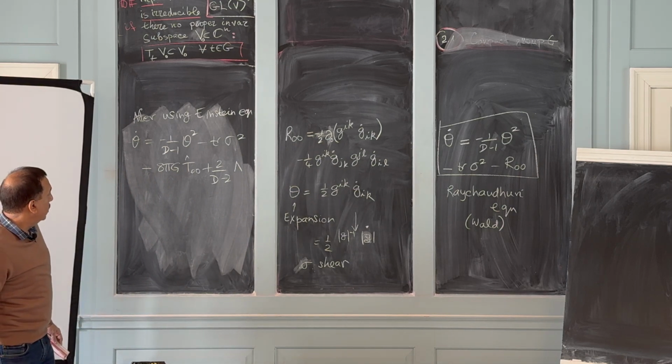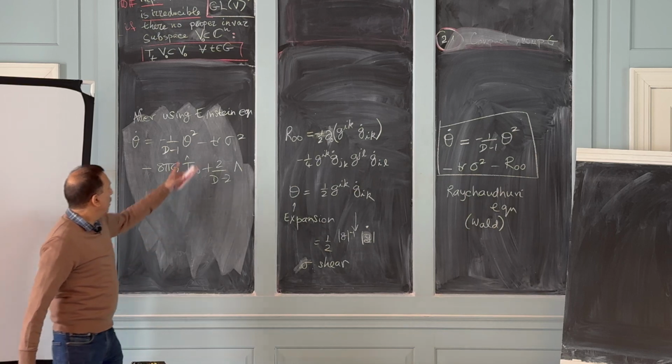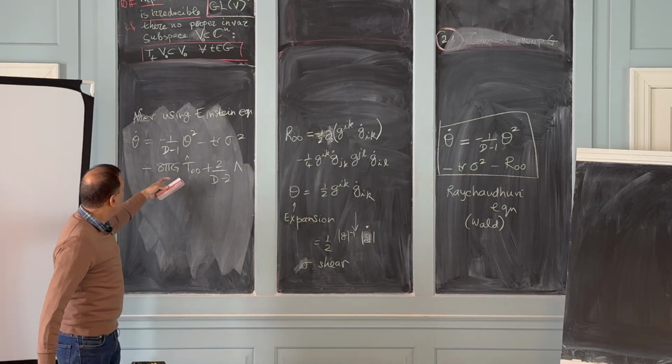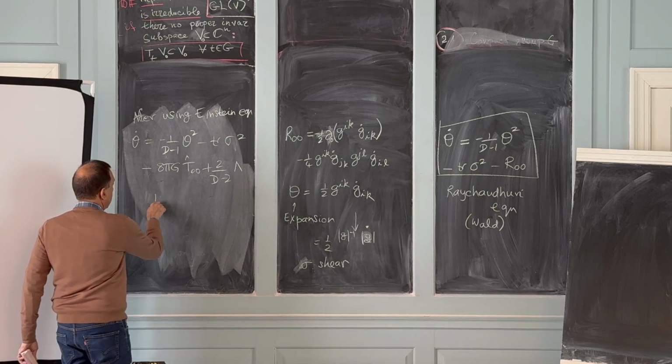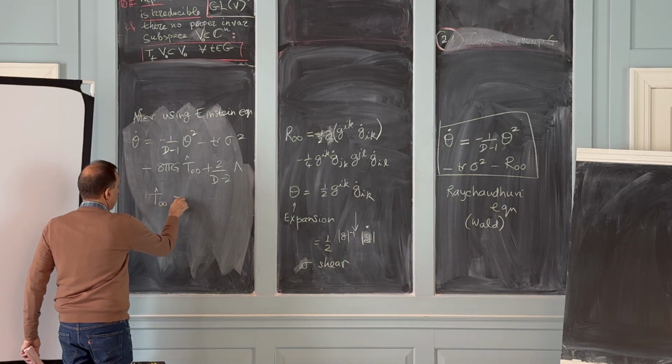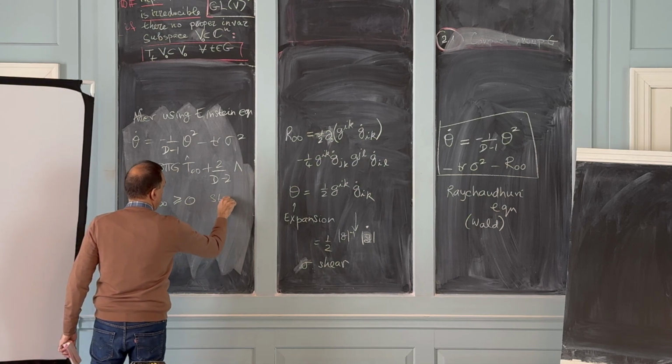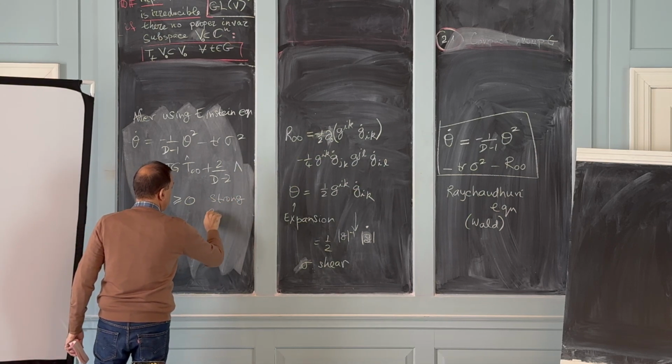And now we see that this is a negative definite term, this is a negative definite term. This is negative if T hat is greater than or equal to 0, then this is negative semi-definite, and this is called the strong energy condition.